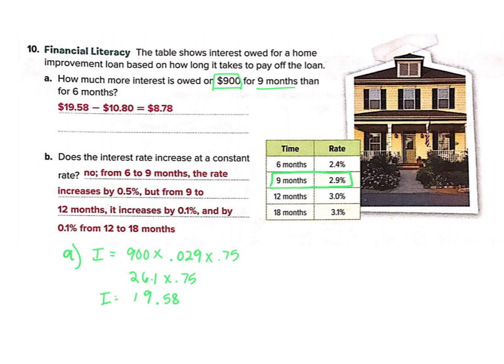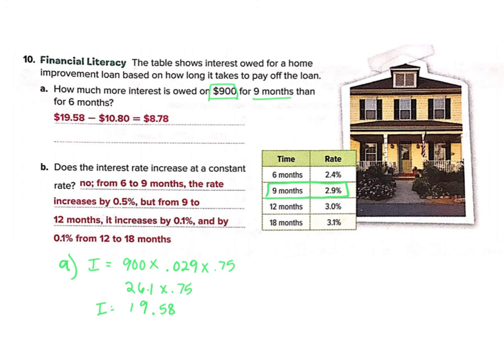But that was for 9 months. So now I have to do the same thing for 6 months. So I equals $900 is still my principal, but now my rate is actually 2.4%, which I have to write as a decimal, 0.024. And then since it's 6 months, it's half a year, so it's 0.5.